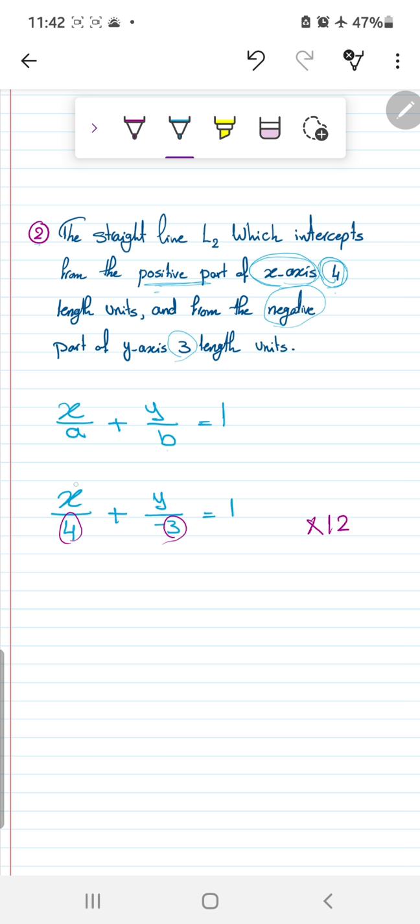So 12 times x over 4 is 3x. Then 12 times y over negative 3, the negative goes up, is negative 4y, equals 1 times 12, equals 12. Collect: 3x minus 4y minus 12 equals 0. And here is the equation of the straight line L2.